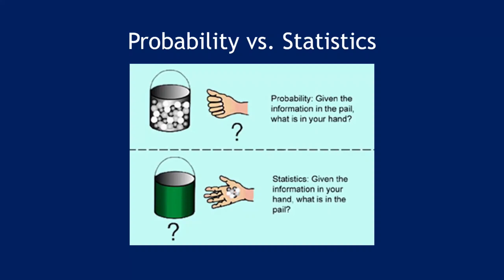It's an empirical number because it's just what we are actually observing. So the 5 or 6 marbles that we drew out of the bucket, we can look at these marbles, analyze them. So data analysis is a lot of times analyzing the marbles in your hand and trying to guesstimate what's in the green bucket.